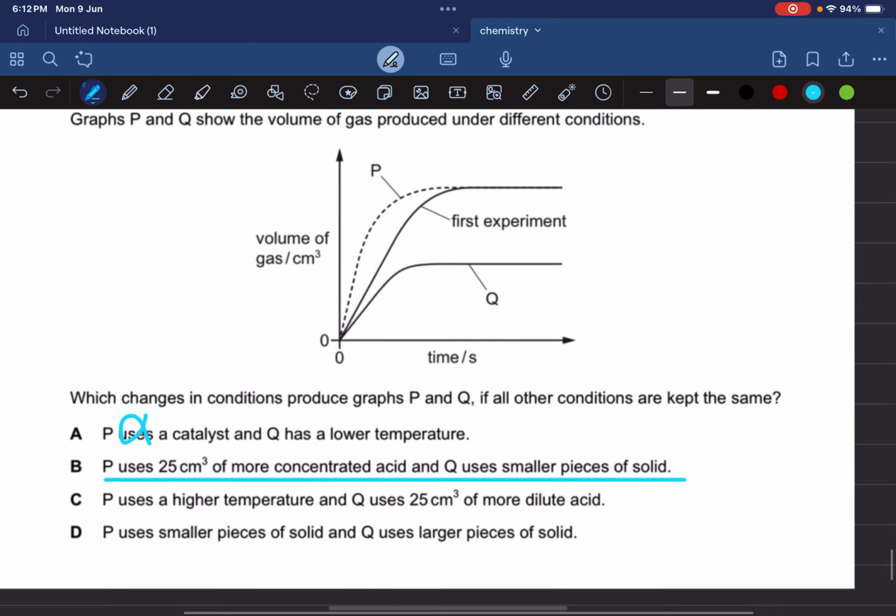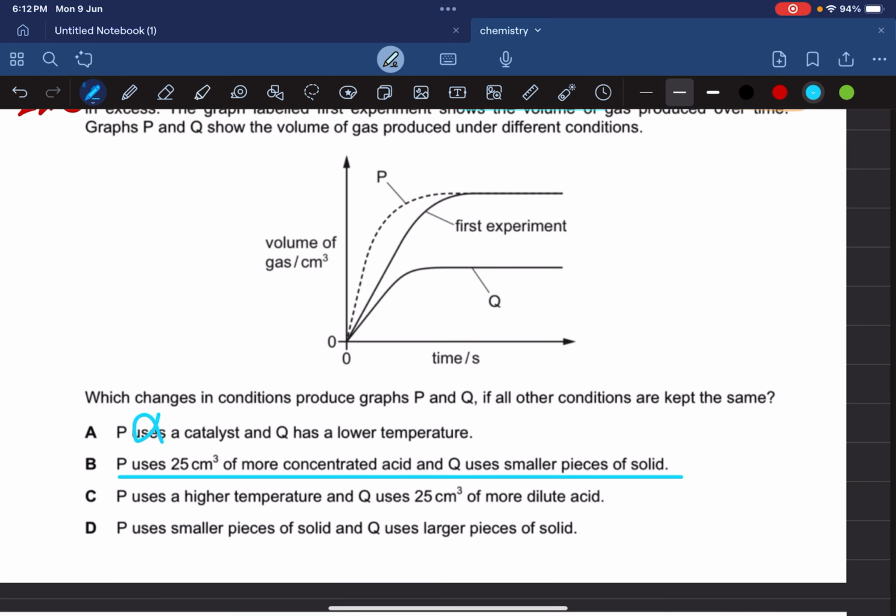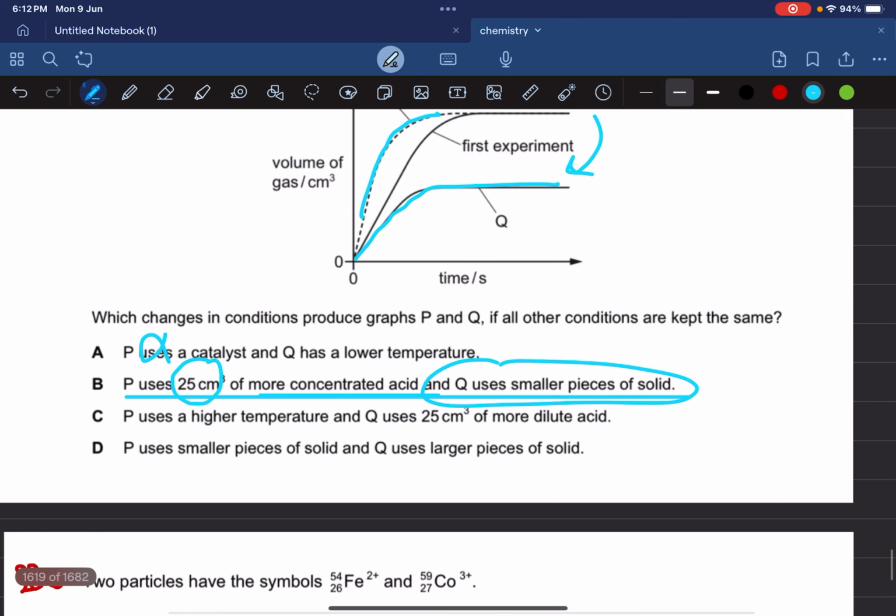Why? Because P uses 25 cm cube of more concentrated acid. If you use more concentrated acid, your rate is going to increase, but Q uses smaller pieces and less amount of acid. Less amount of acid will decrease the product. Okay, C. P uses higher temperature and Q uses 25 cm cube of more dilute acid.